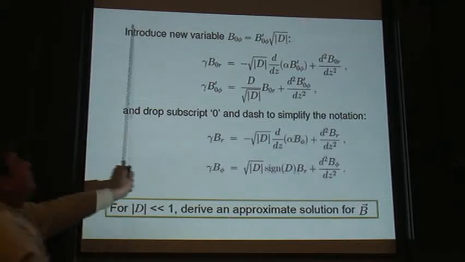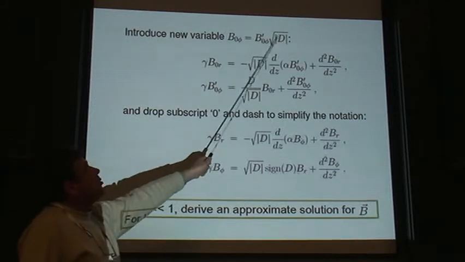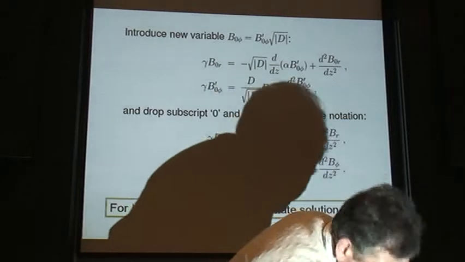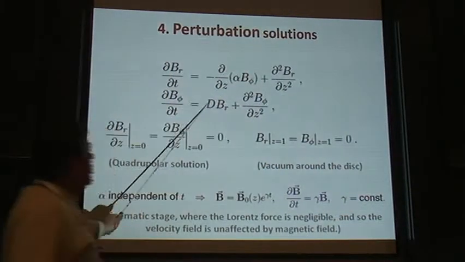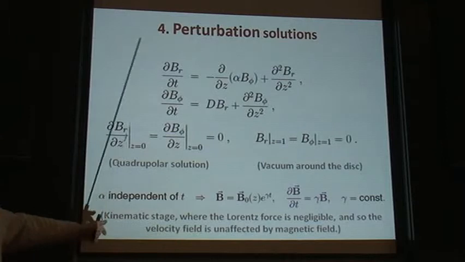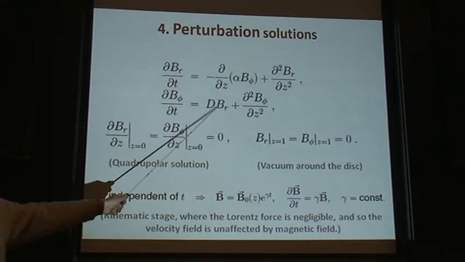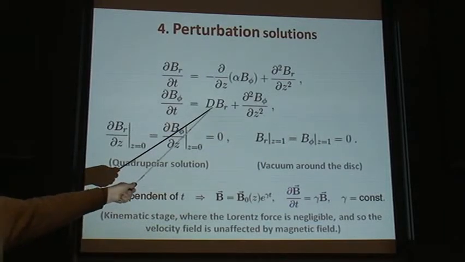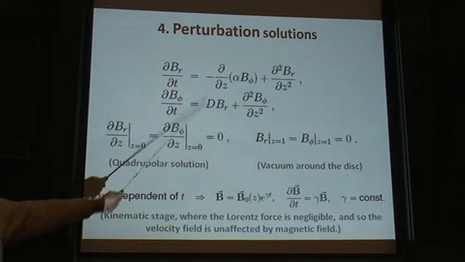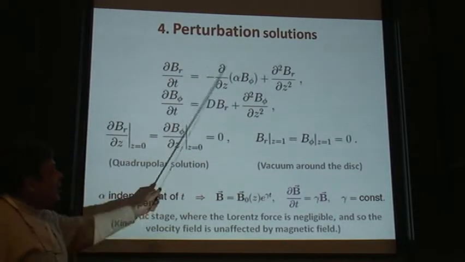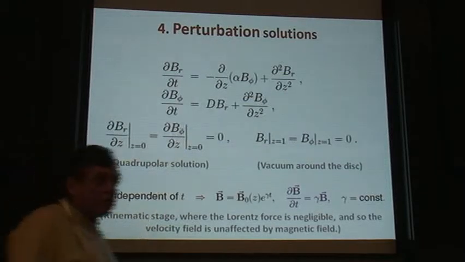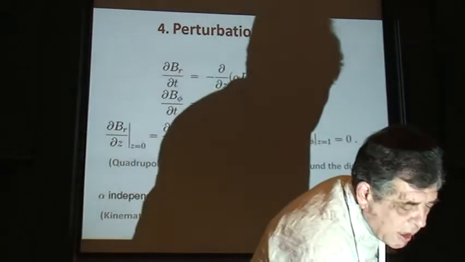So, just now a technical step. I will introduce a new variable just to make my equations more symmetric. In this equation here, the dynamo number enters this equation, doesn't enter this one. I want to consider solutions for modulus of D much less than 1. D will be a small number in my solutions. So, to see clearly that both terms can then be considered as a perturbation, I will introduce this intermediate step.